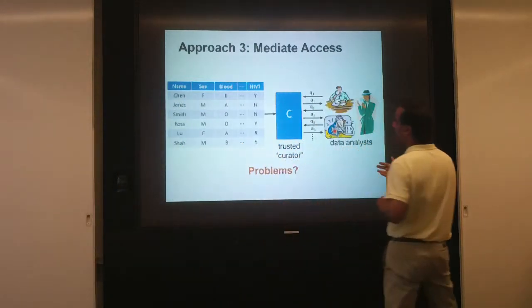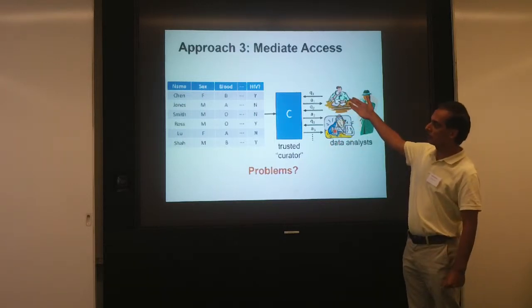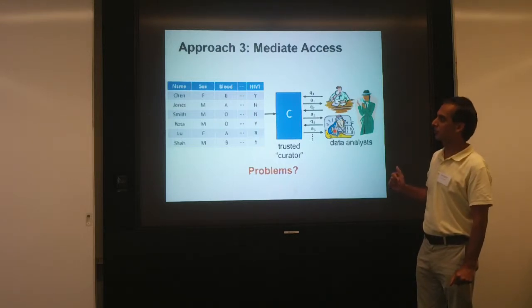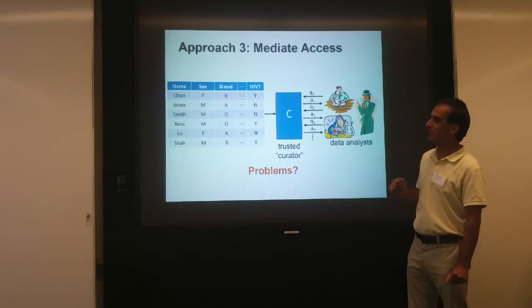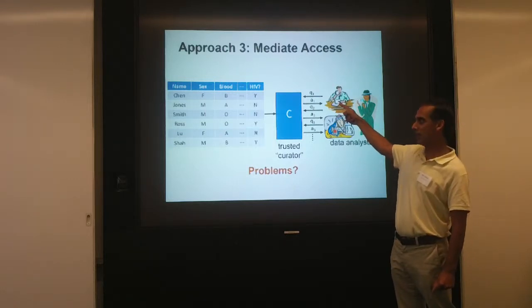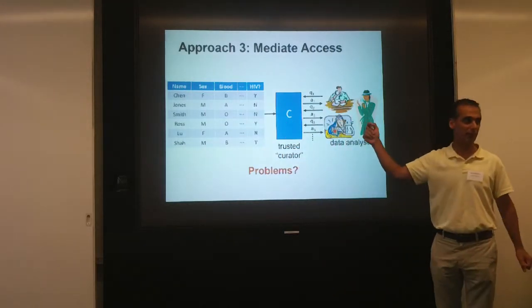That's exactly the issue. So, if you set this up naively, you could even in one query get something. So the query could be how many people in the data set have the last name of Chen, are female, blood type B, and HIV positive. All right.